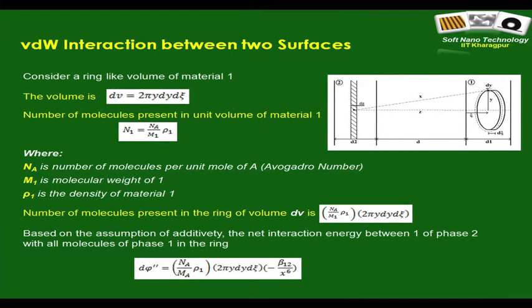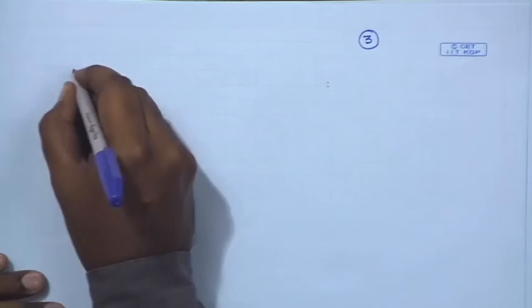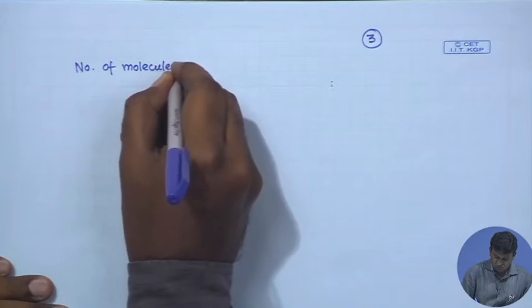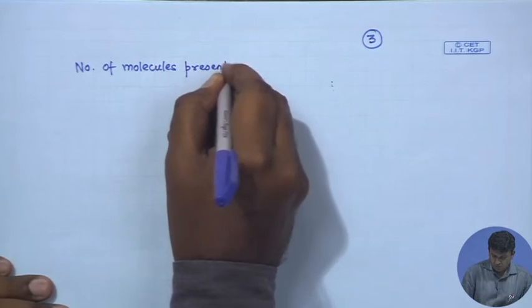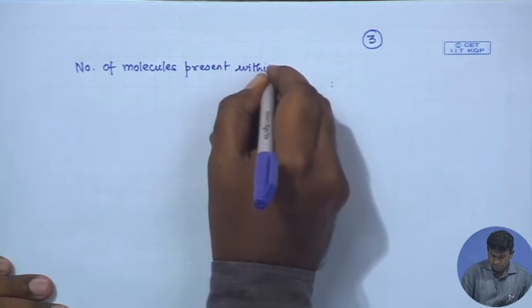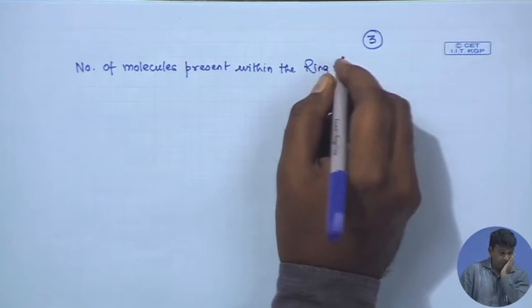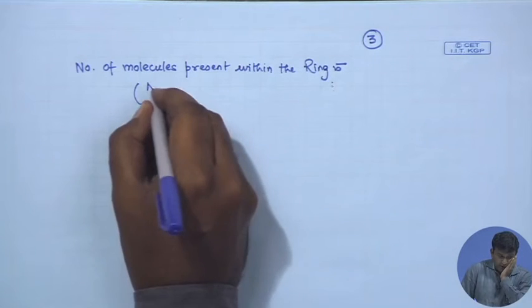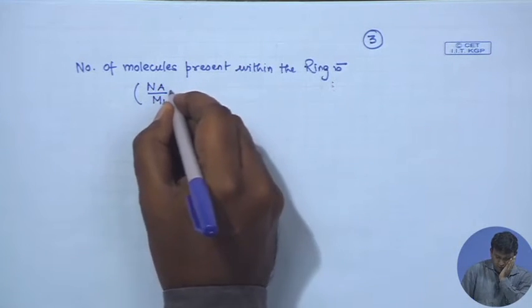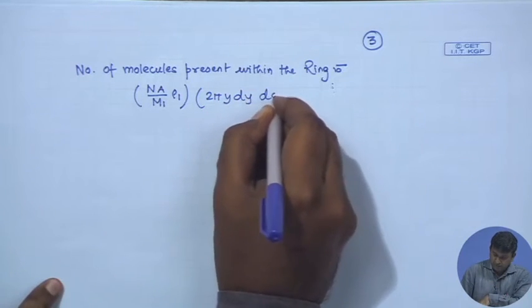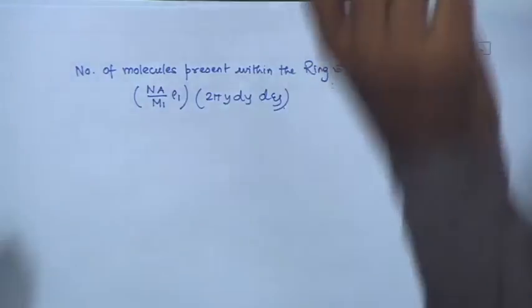So, then the number of molecules present within the ring is Na by m1 into rho 1 into 2 pi y dy d zeta, based on the figure and the construction we have made, right.